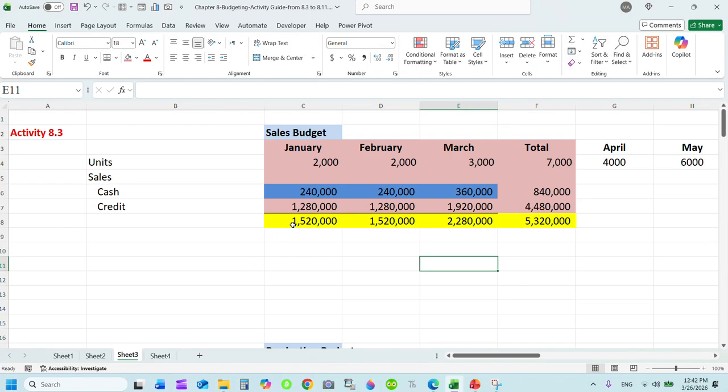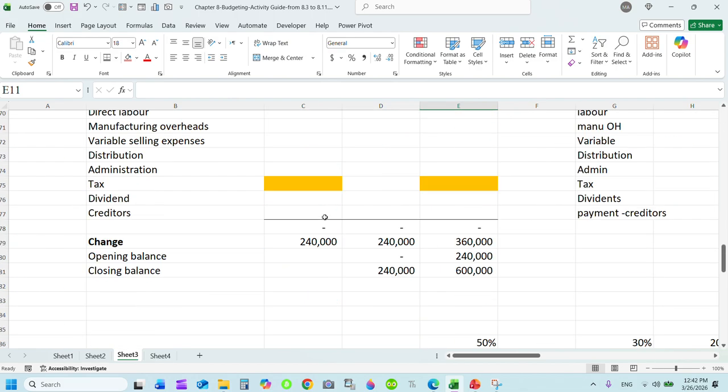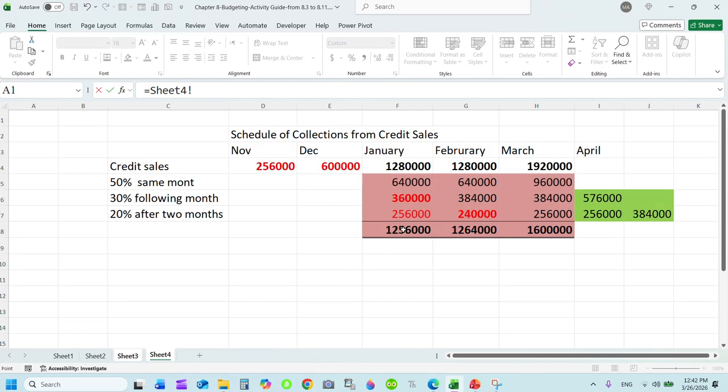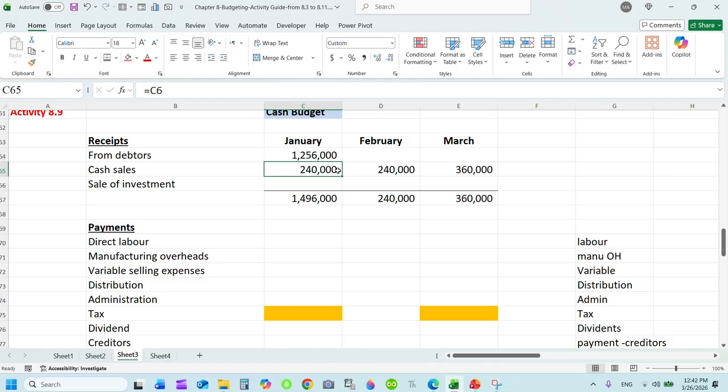Cash budget. Where's our cash budget? Right. Cash receipt from debtors. Cash receipt from debtors is this much. Okay, then you can see, this company mainly generates cash flows from ordinary business operations, collection from debtors and cash sales.